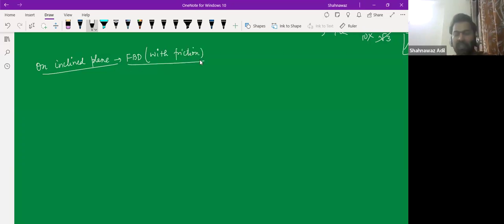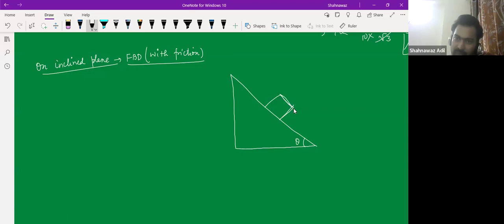If we can make this diagram, all the answers become easy to understand. So let's say this is theta. We have this block, and this is mg, always downwards. This is the normal reaction, right?